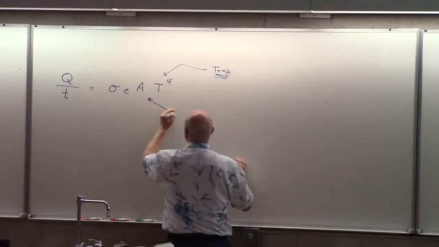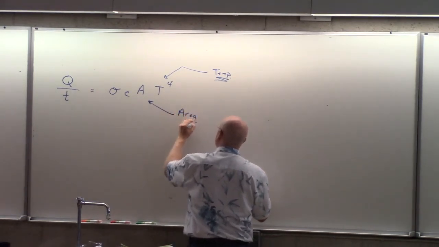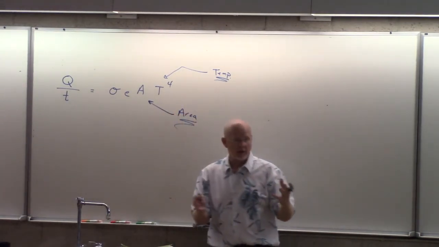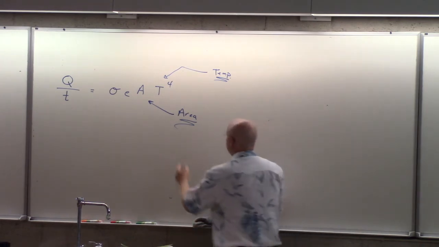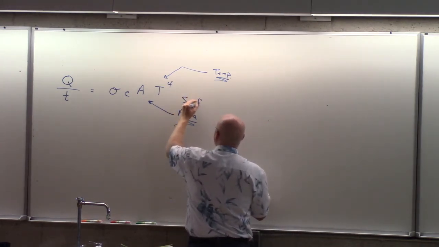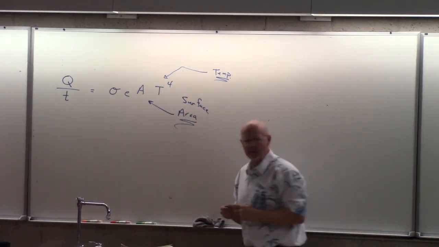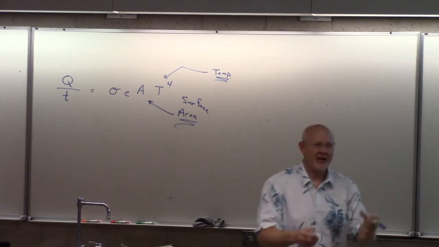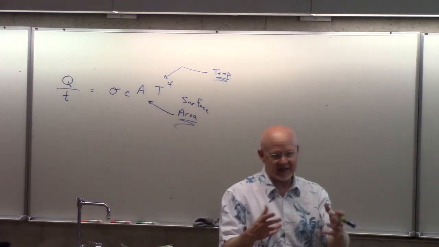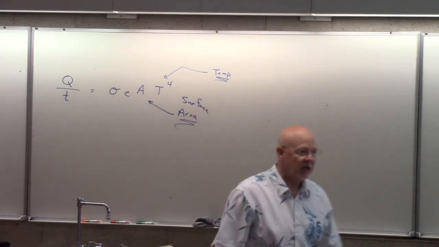Another factor here, and it probably makes sense, is the area. And this would be the surface area of it. This would be saying, well, it radiates from every little speck of the object, so how big is your object? The bigger the object, obviously, the more radiation it would give off.